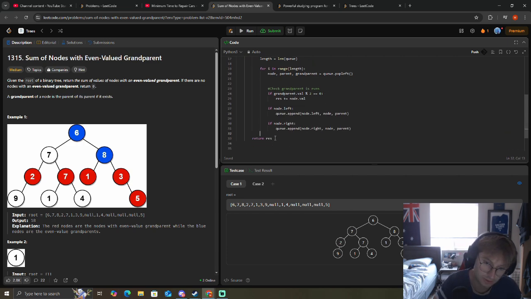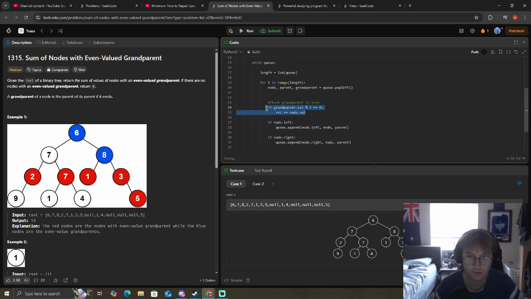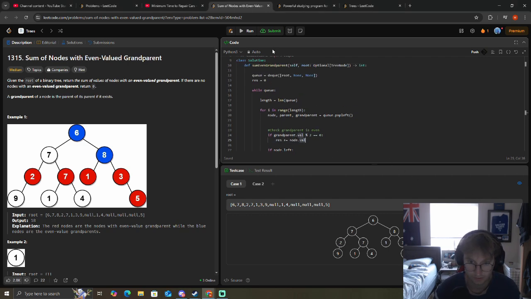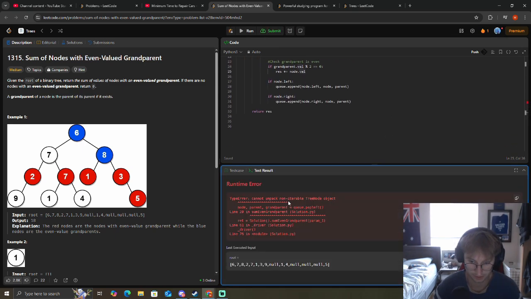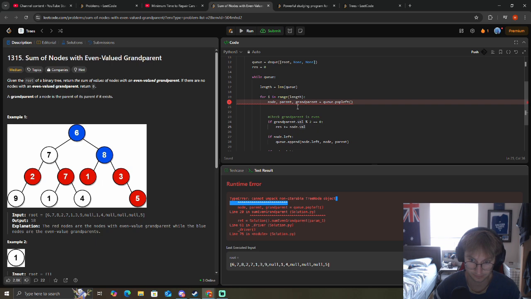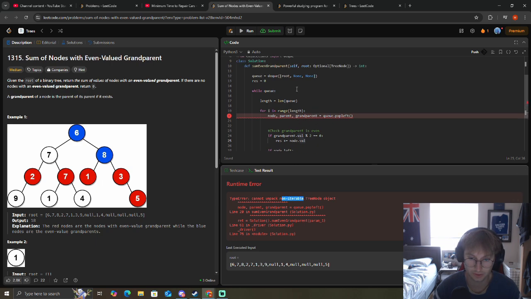I think this is the way to do it. Is this how you check? See if this runs, bro. Cannot unpack non-iterable tree node. Why is this non-iterable?